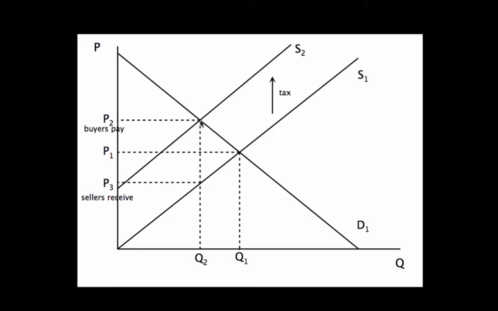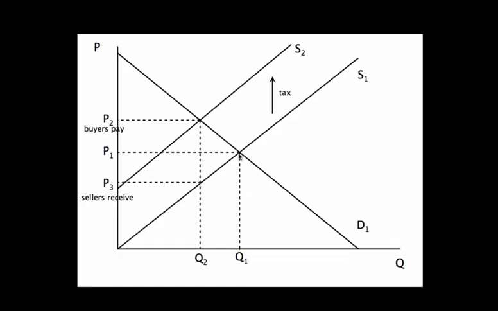They're not directly responsible for the tax. However, the whole point of this analysis is that they're going to be sharing the burden of this tax. Even though we put it directly on sellers, buyers were paying P1, and now they're paying P2. So buyers are worse off and sellers are worse off. Despite the fact that we only put the tax on one side, both sides, buyers and sellers, are sharing the burden of the tax.